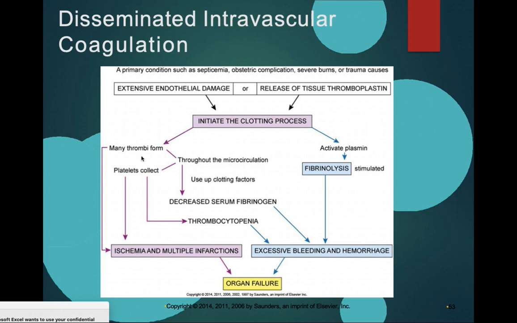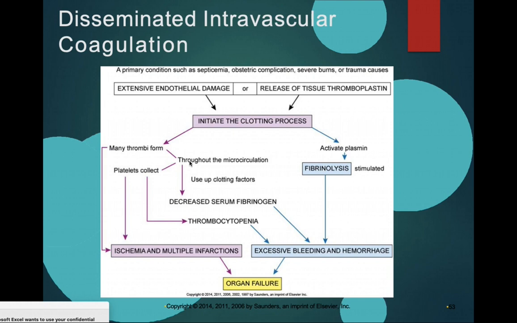Now that will result in many thrombi that form throughout the microcirculation. The platelets will collect, and when platelets collect, that can create ischemia and multiple infarcts. When platelets collect, that can cause thrombocytopenia.